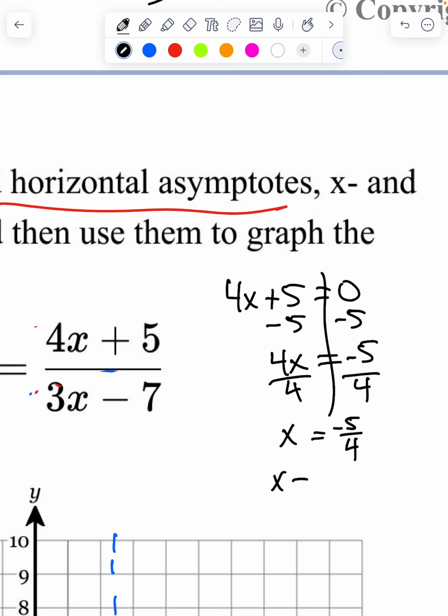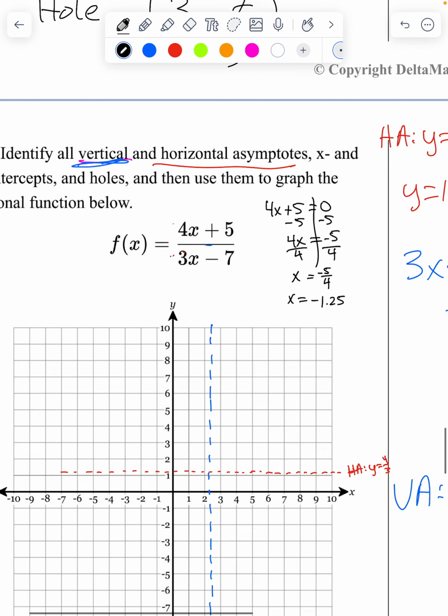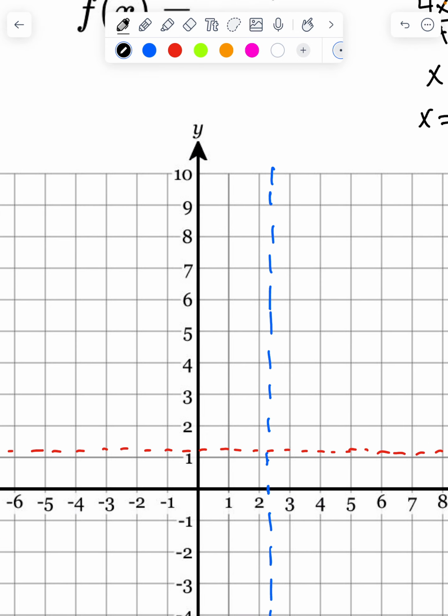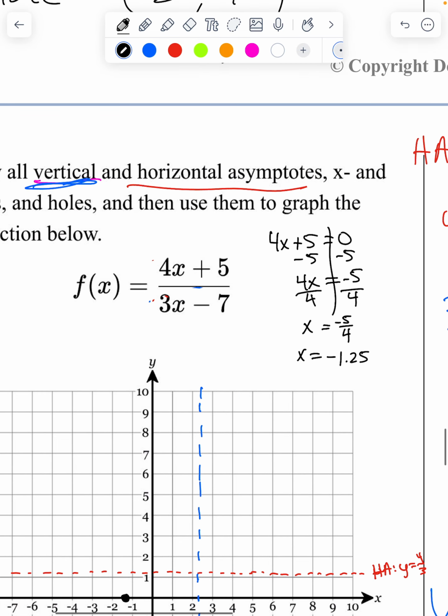Or if you like it as a decimal, negative 1.25. So there should be one at negative 1 1/4. So negative 1.25 would be about there. That should be where the x-intercept is. So it would be (negative 1.25, 0).